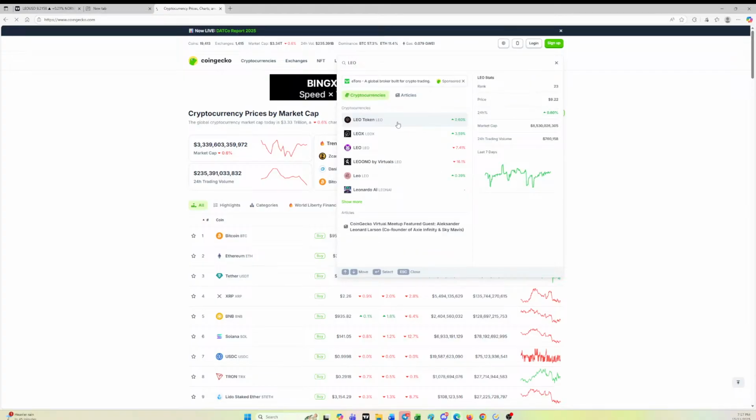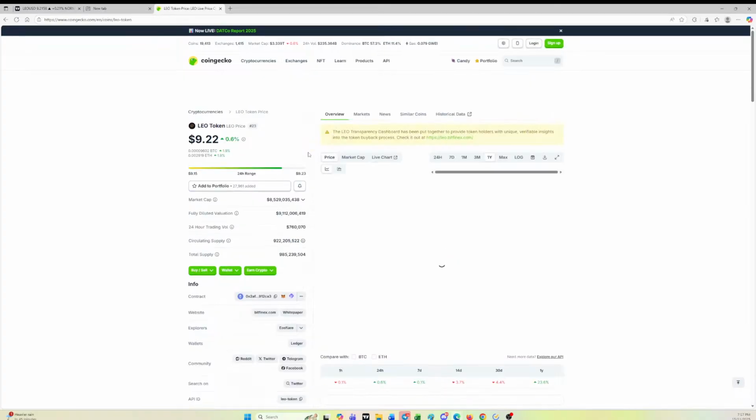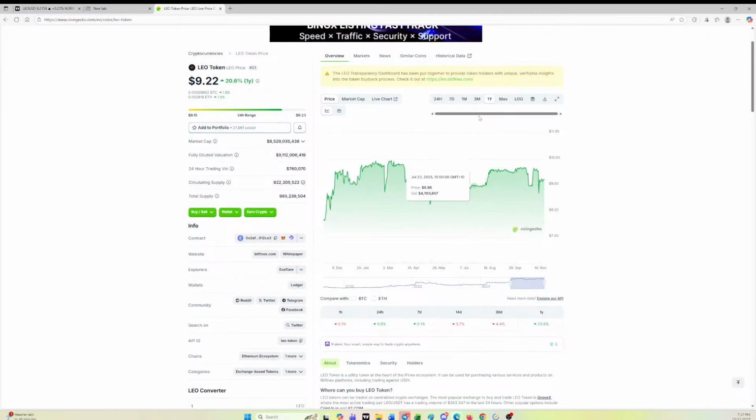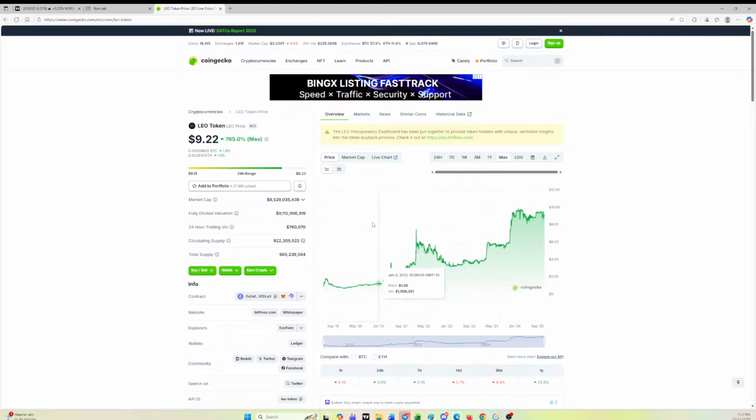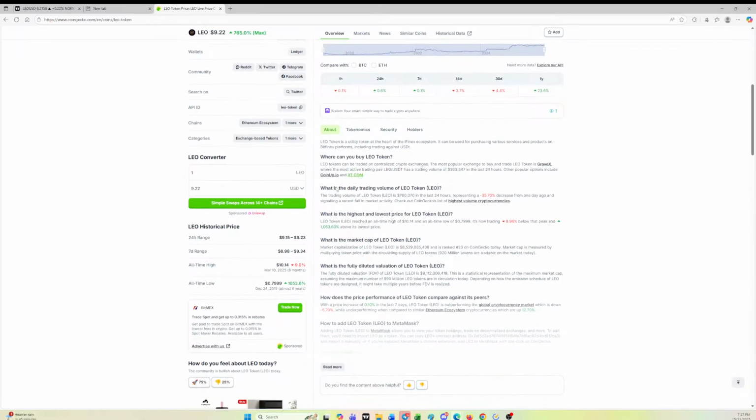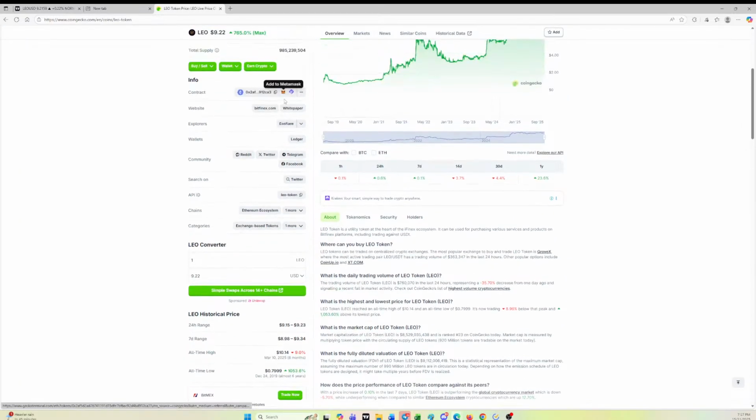Leo token, rank 23. Wow, that's scammy. That's some seriously scammy price action. This thing does not go down. Look at this. Whoa. Wow. What is Leo?